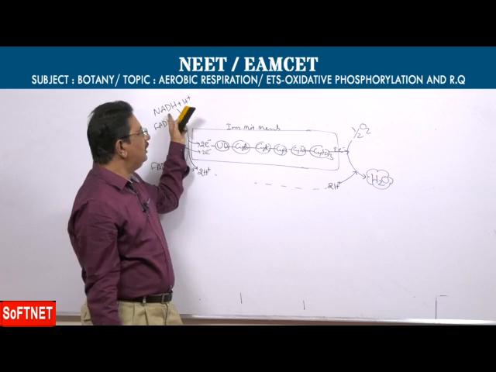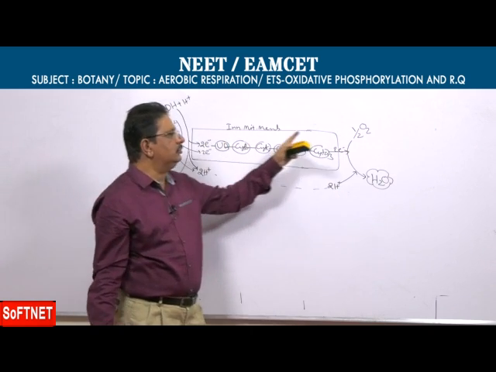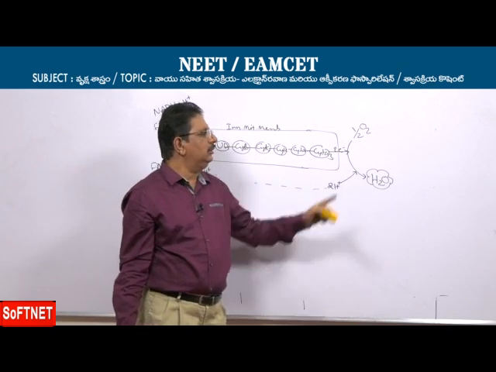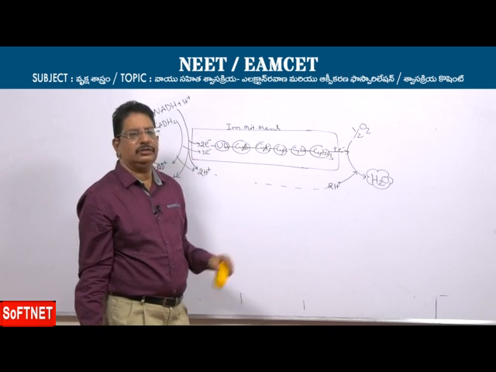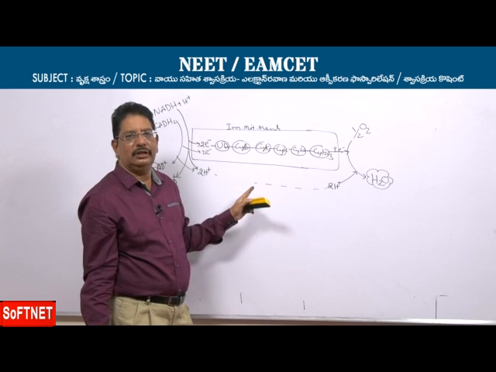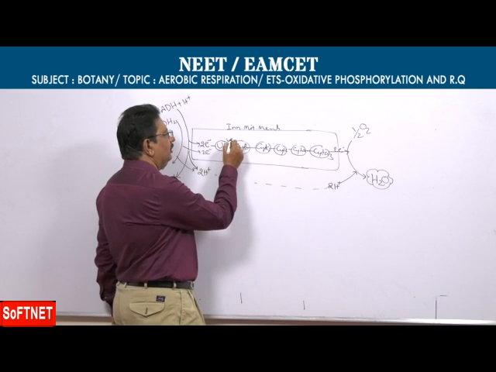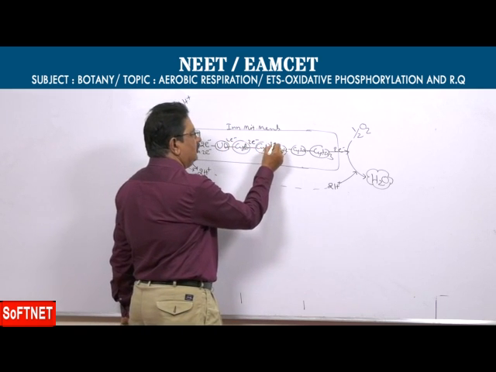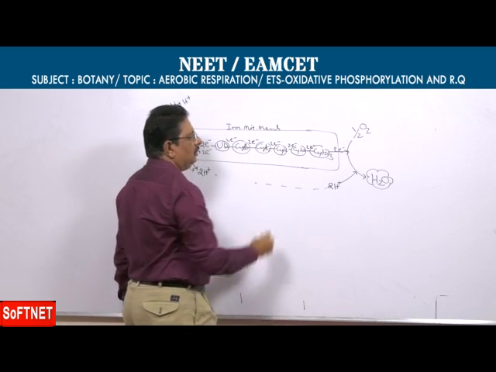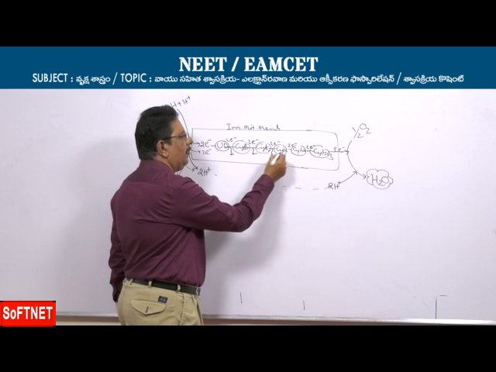From NADH2 to oxygen or FADH2 to oxygen, electron travel via a chain of electron carriers occurs as per the redox potential gradient. Electrons carry energy, and while transferring from one component to another, they lose some energy.